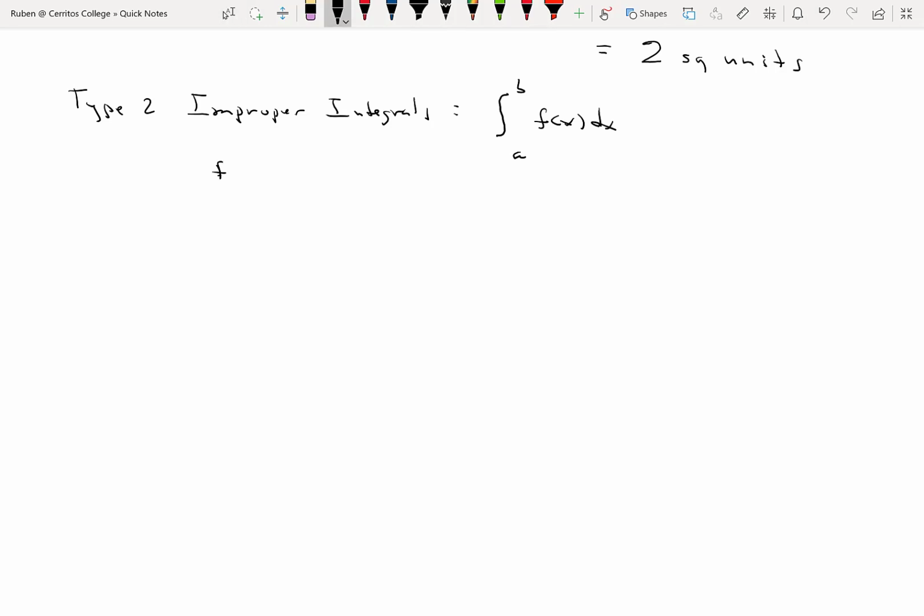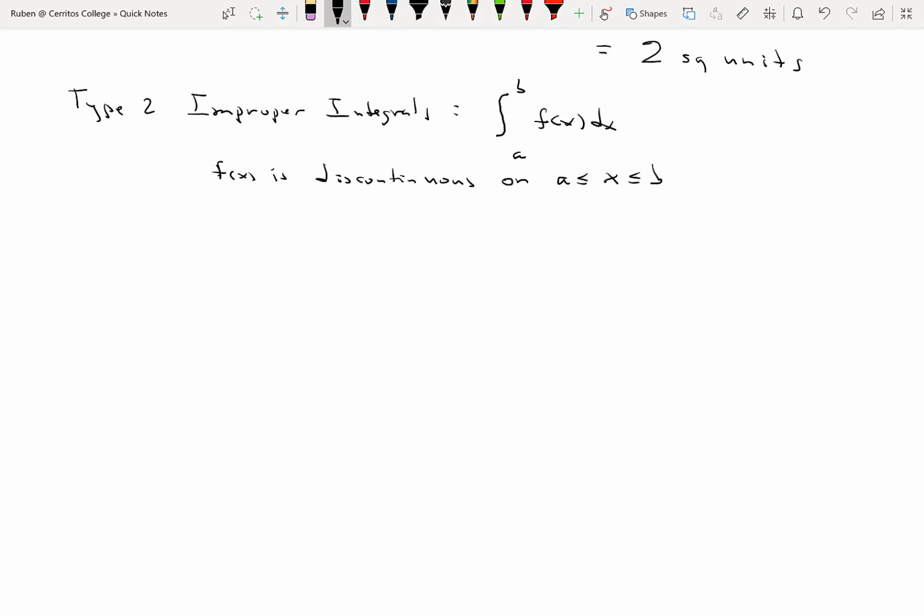F of x is discontinuous on the interval. Oops, this should spell continuous, right? Discontinuous on the interval from a to b.